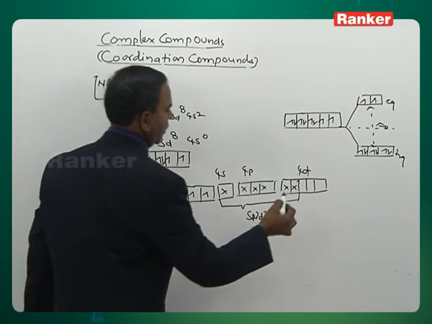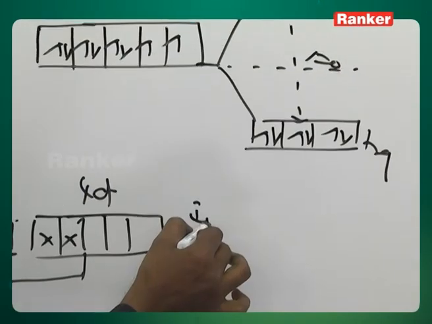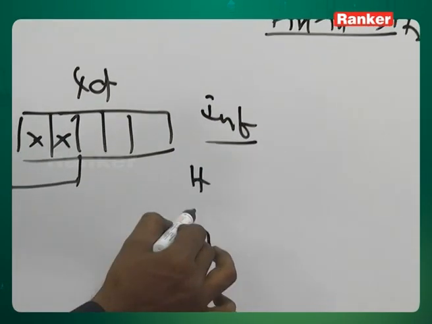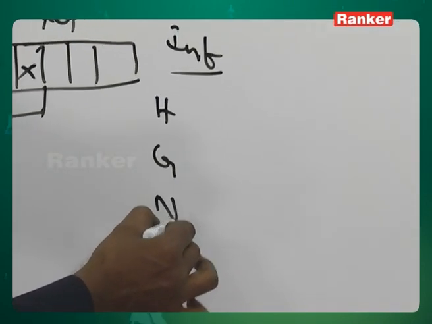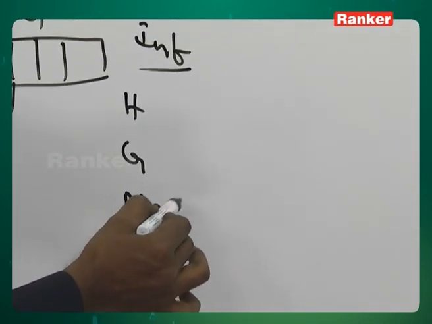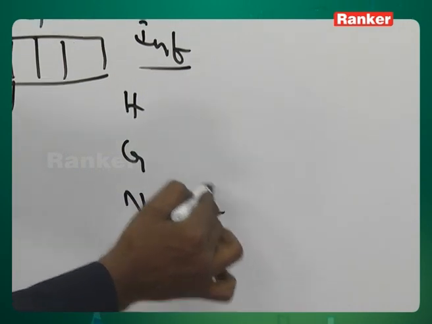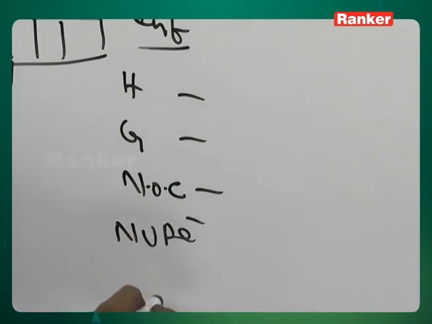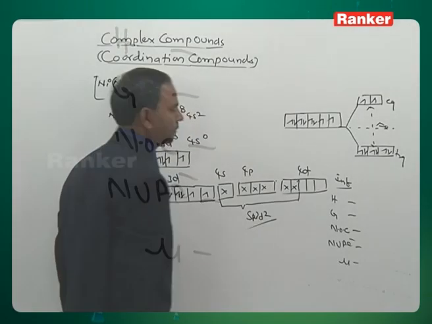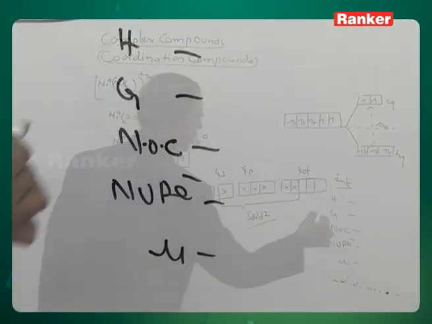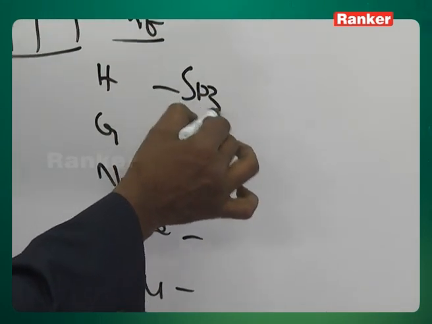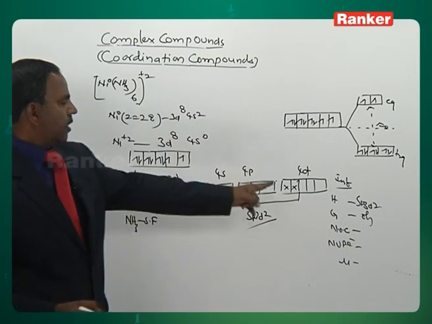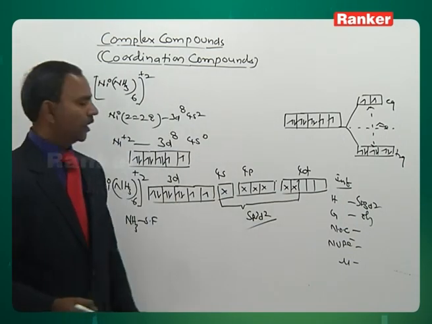Now let us write information about this particular complex: hybridization, geometry, nature of the complex, number of unpaired electrons and magnetic moment. Hybridization is sp3d2. Geometry: since the coordination number is 6, take the geometry as octahedral.